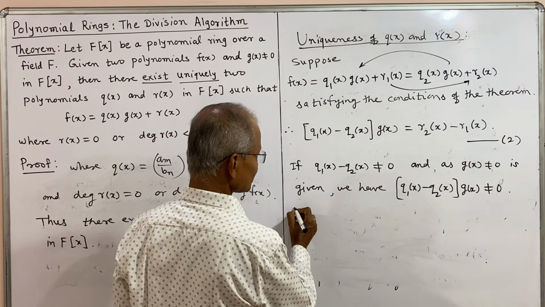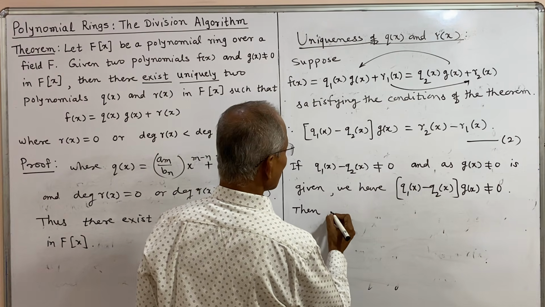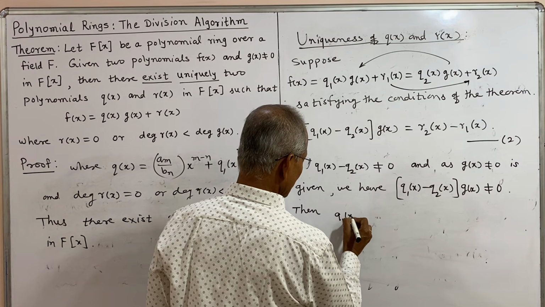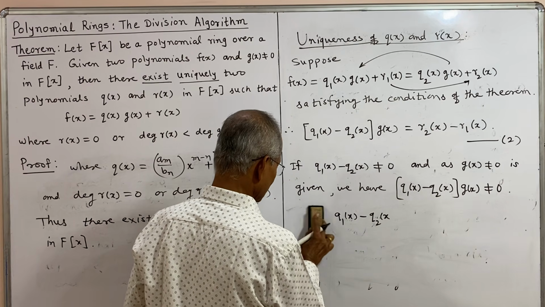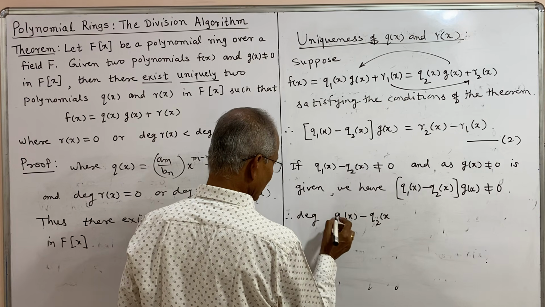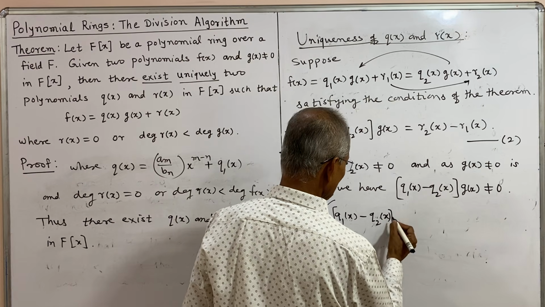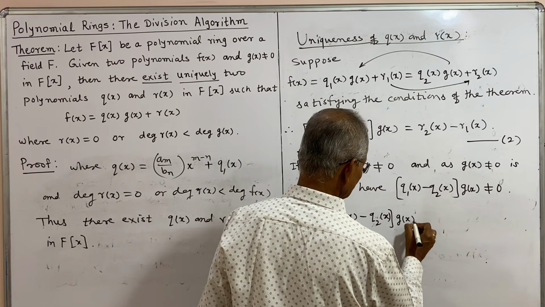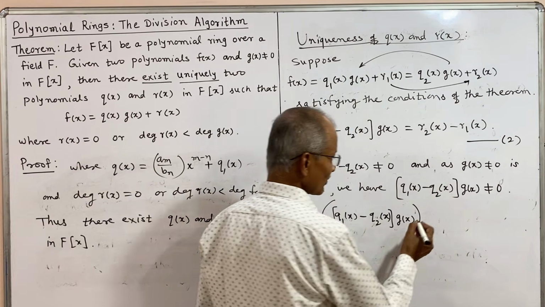Further, degree of q1 of x minus q2 of x into g of x is greater than or equal to n.